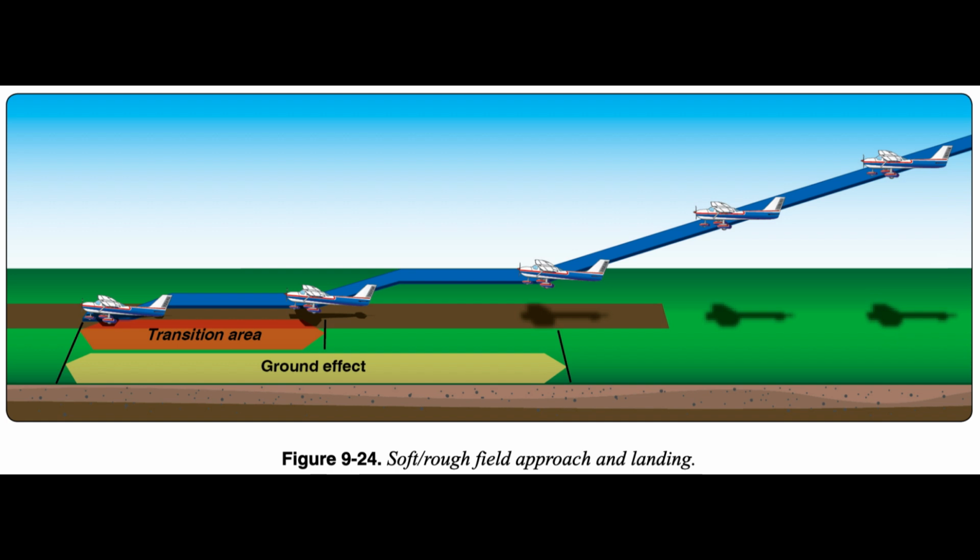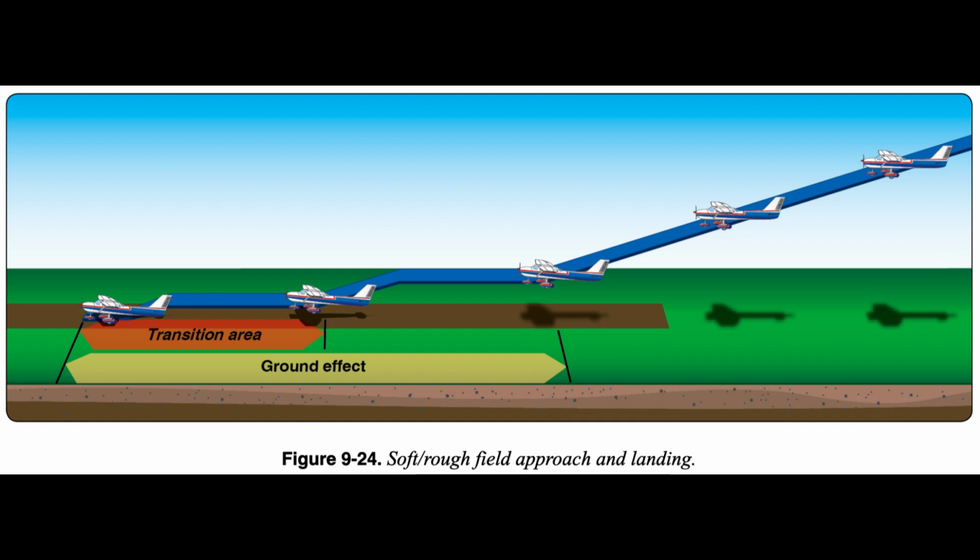Common errors. Common errors in the performance of soft field approaches and landings are: 1. Excessive descent rate on final approach. 2. Excessive airspeed on final approach. 3. Unstable approach. 4.